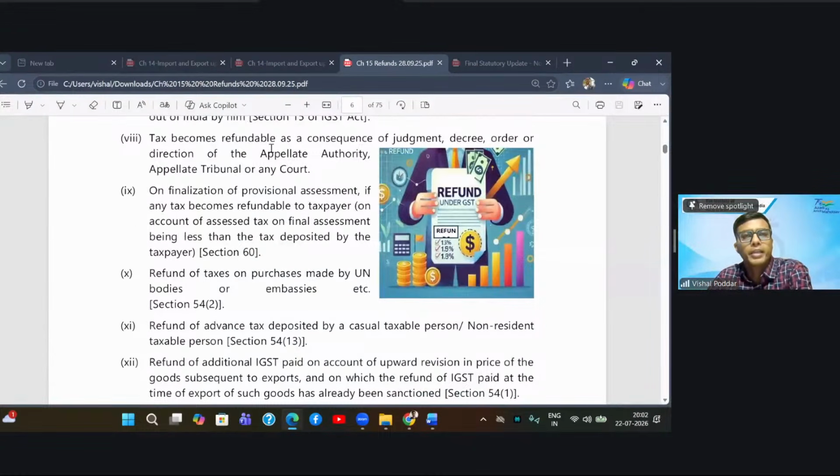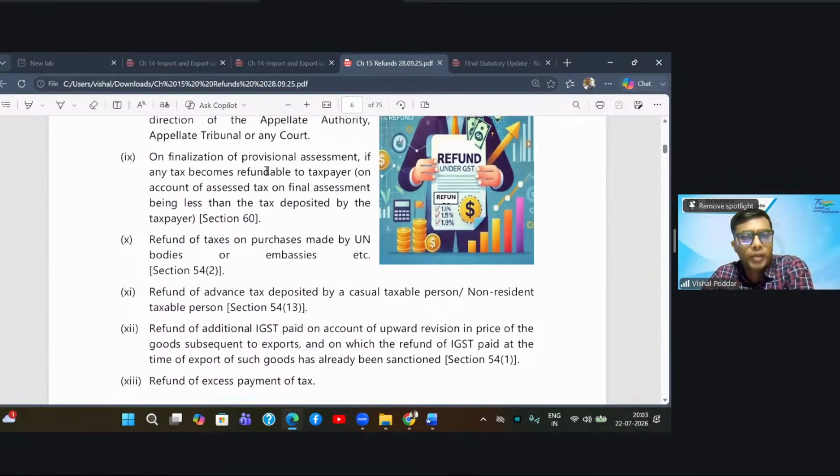Next, tax becomes refundable as a consequence of a judgment, decree, order, or direction of the appellate authority or the courts. So if, let us say, your matter is in some appeal or in tribunal or court, and from there you get a favorable order.